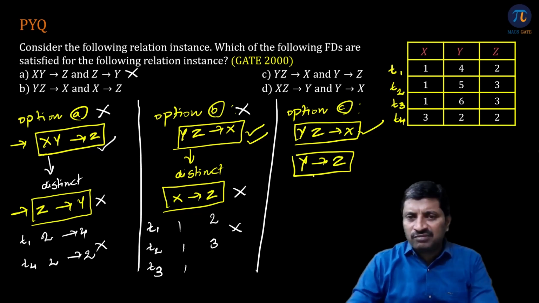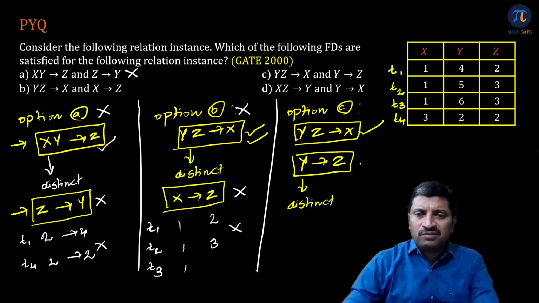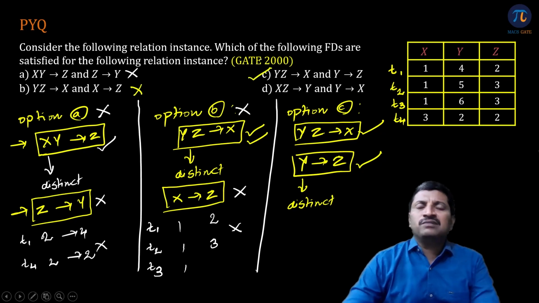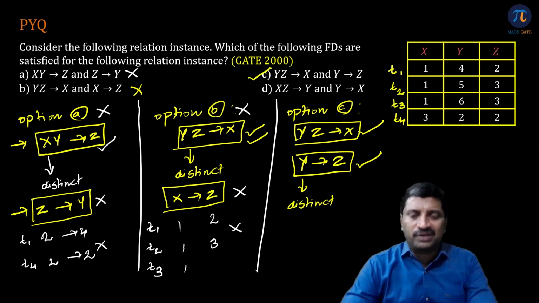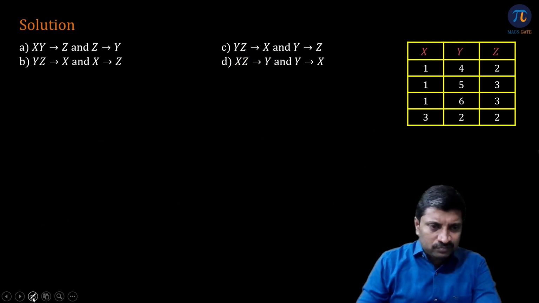For Y, all the values are distinct. Since all the values are distinct, this also will be satisfied. So A is not correct, B is not correct, C is correct. For safe side, it is better to verify the fourth functional dependency also, depending on our time availability in our exam. So the fourth one, sir, let us verify it.